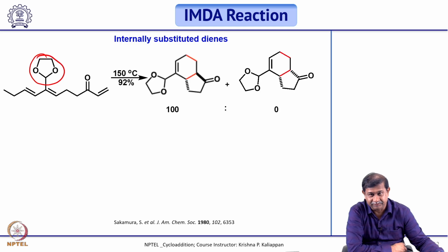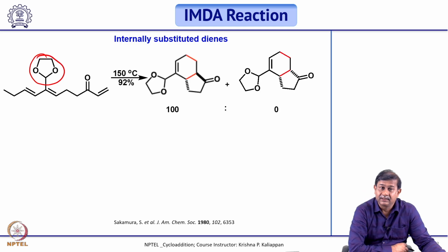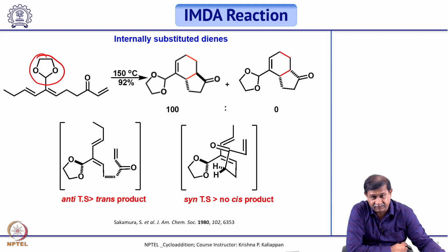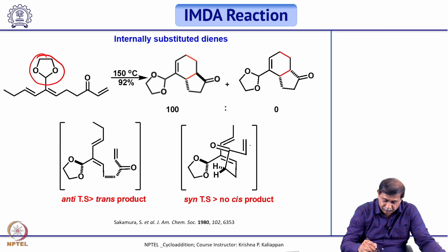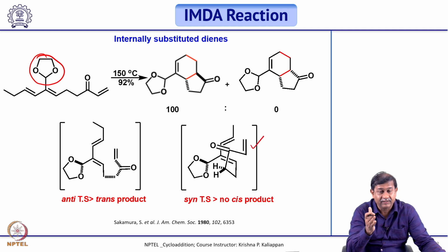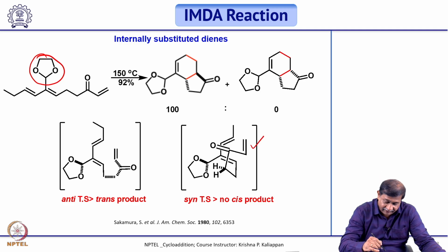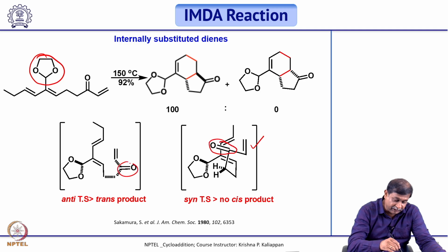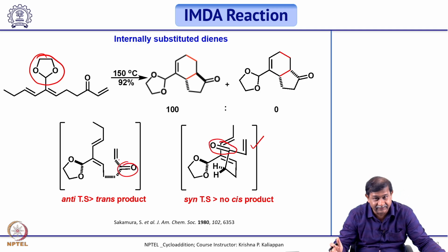When you have such a system, then the outcome will be different. Okay. So, you draw this transition state for both. In this particular case, this is syn, or we call it the endo transition state, where you see the carbonyl group under the diene, whereas here this carbonyl group is away from the diene.